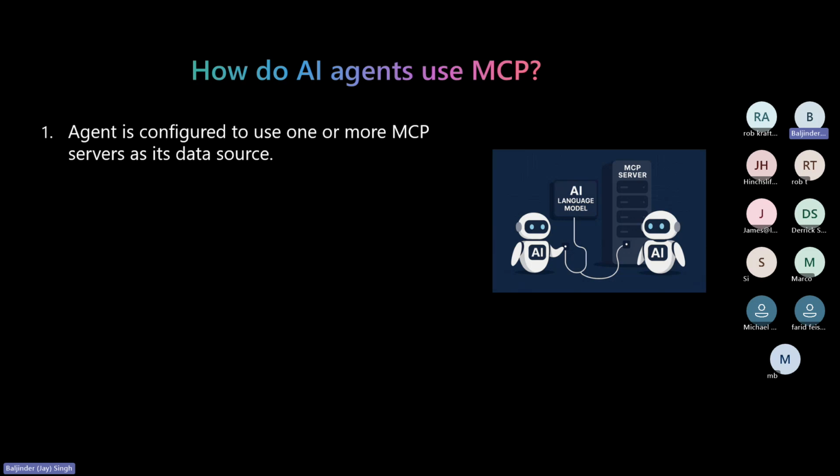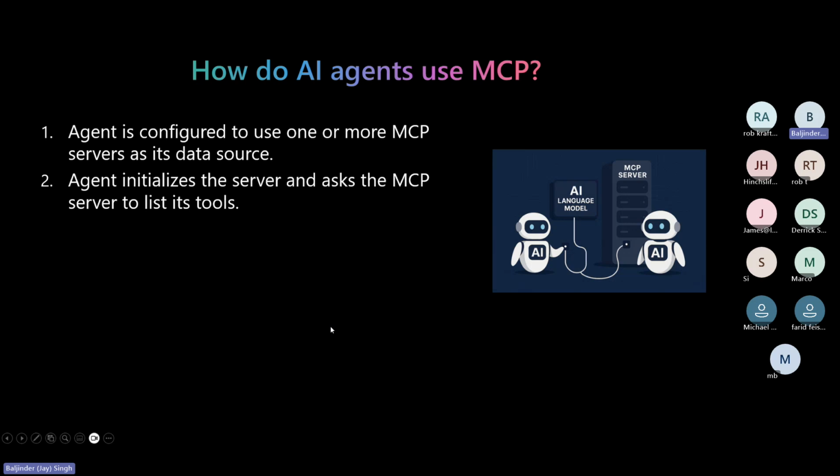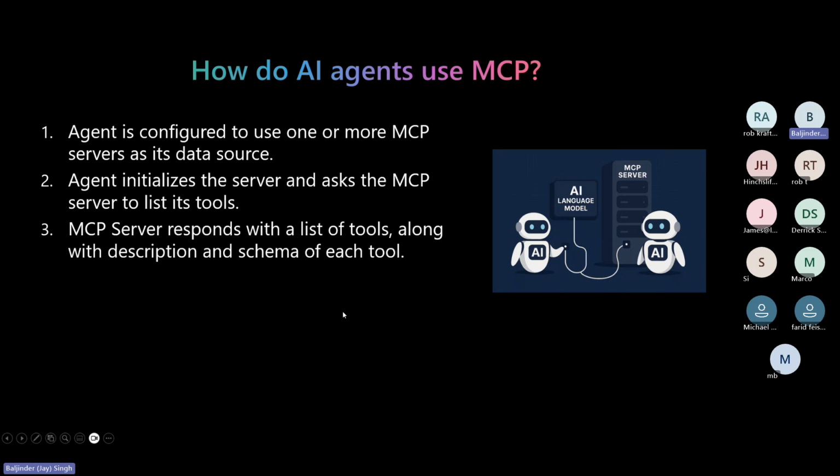Then step two, when the agent starts up, the MCP client initializes the connection to the server. At this point, the agent asks the MCP server, what capabilities do you expose? And the MCP server responds with a structured list of tools, along with their descriptions, input schemas, expected outputs, and so on.